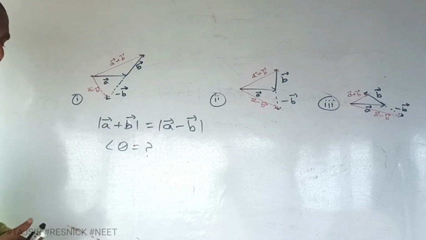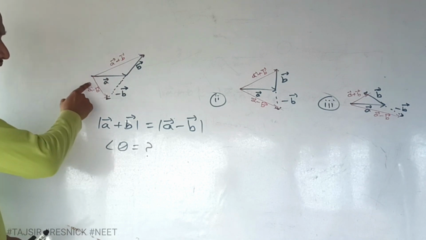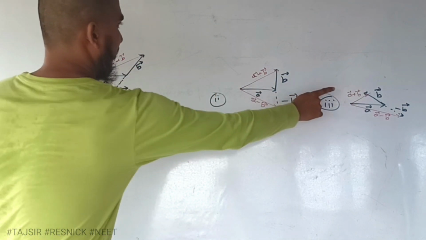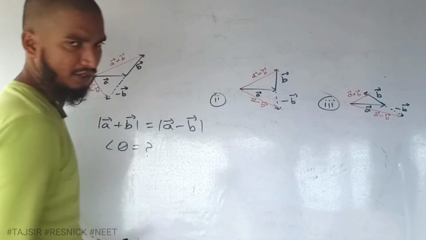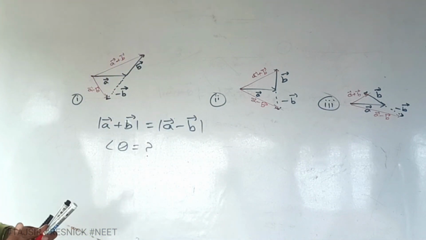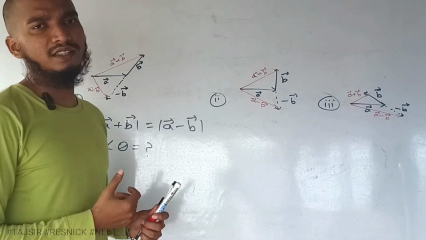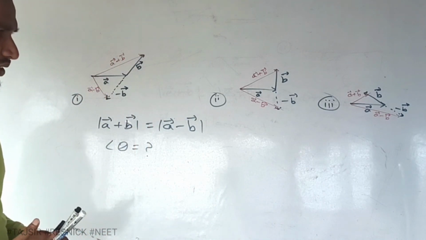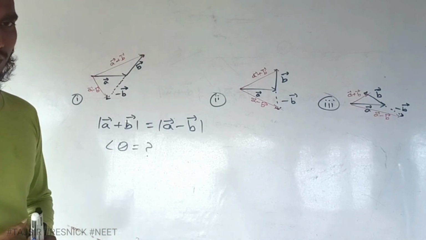Now you can observe that as the magnitude of A plus B decreases, the magnitude of A minus B increases. Similarly, if the magnitude of A minus B increases, then the magnitude of A plus B decreases. That is, there must be a point where the two magnitudes are equal.